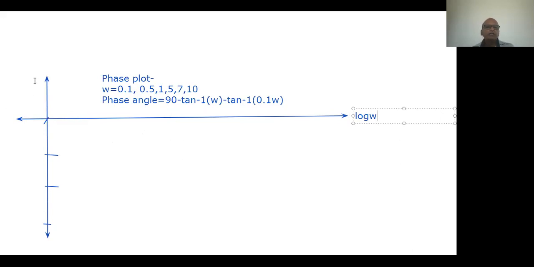Then on this axis here is the phase angle in degrees.